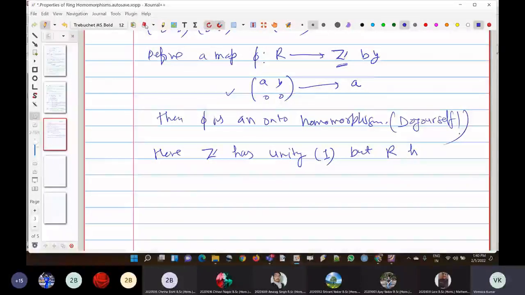But we are talking about the first example, no? Okay, first example. Here Z is commutative, but R is not commutative.